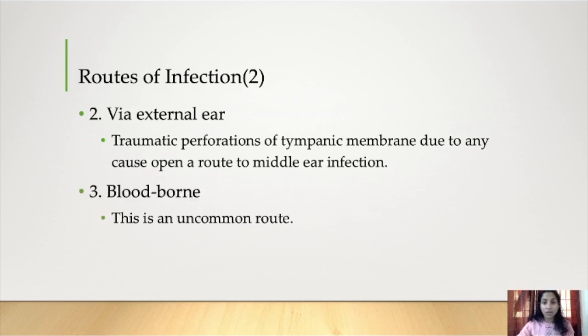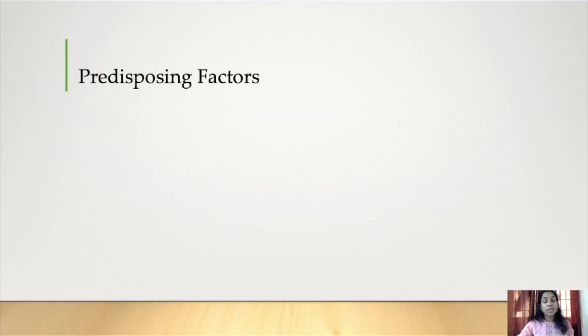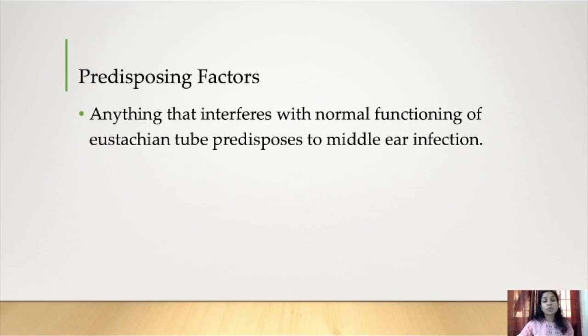Bloodborne, this is an uncommon route. Predisposing factors. The factors which predispose to middle ear infections are those which interfere with normal functioning of the eustachian tube.